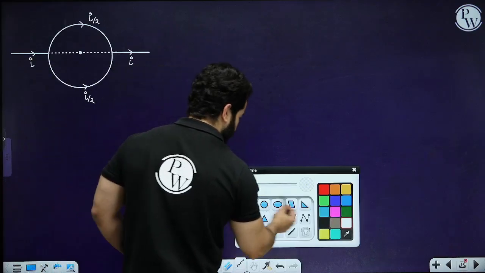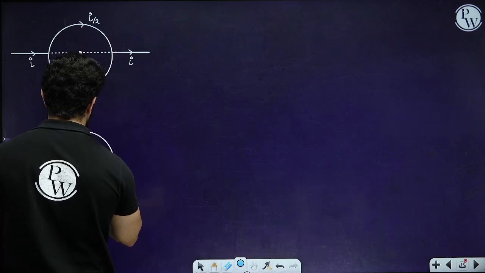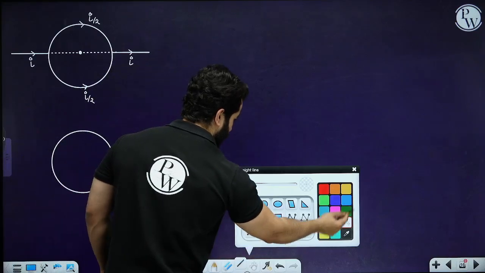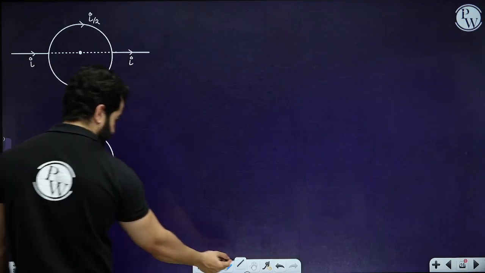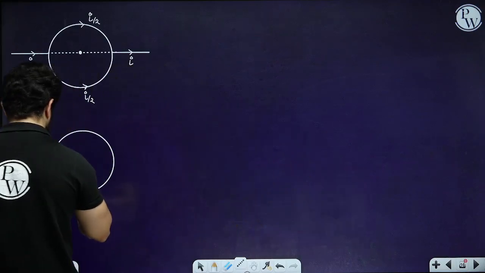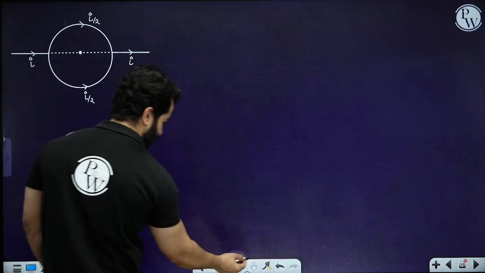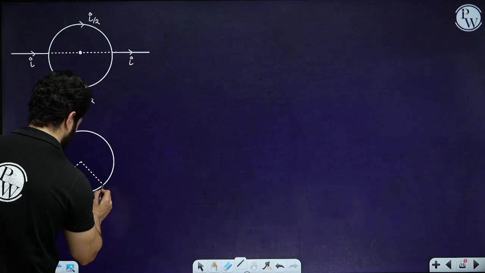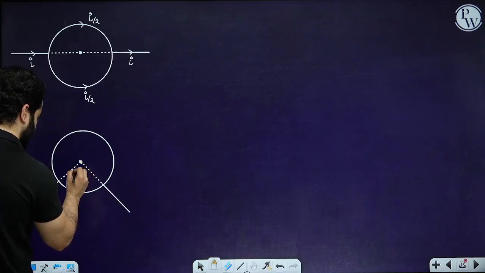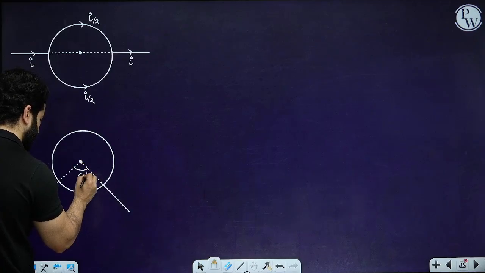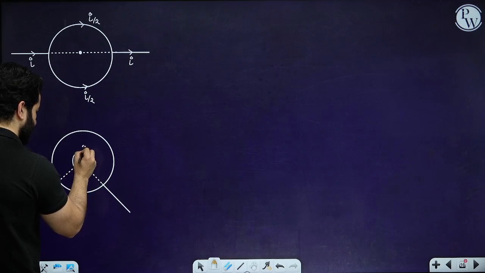But even if you have got something like this, and let's suppose this is, in some question, given as 60 degree, and this thing is given as 300 degree.